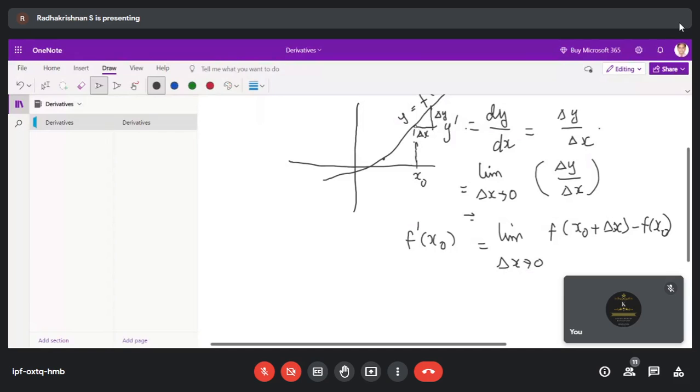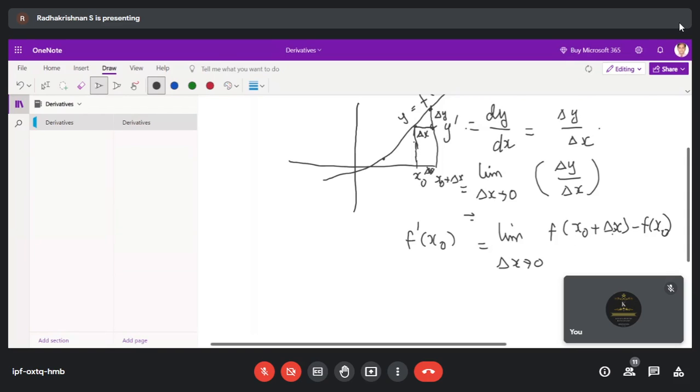So this is your delta x. So obviously here the x value is going to be x0 plus delta x. So this point's y value is going to be f of x0 plus delta x. So f of x0 plus delta x minus f of x0.